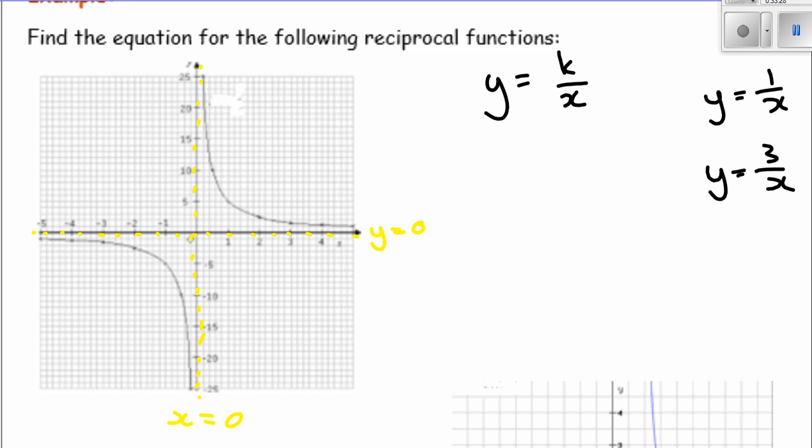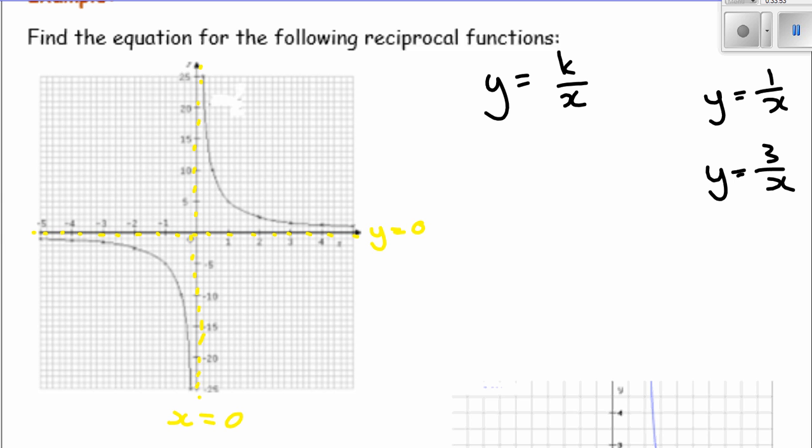So y equals k over x. We know that there's no shift, no +1 or horizontal or vertical shift. So we don't know what k is. If you were to find k, you would have to take a point, sub in y and x, and solve for k. Are there any points that you can see are clearly a coordinate? 1, 5. Yeah, that's a good one.